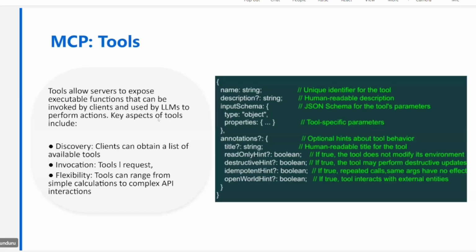This is the standard structure for MCP tools. In case I want to retrieve the list of tools, a tool will be defined in this particular schema: a unique identifier for the tool, a human-readable description, and a JSON schema. Based on this name and description, the LLM will identify whether this is the Gmail sending tool or the Gmail receiving tool.